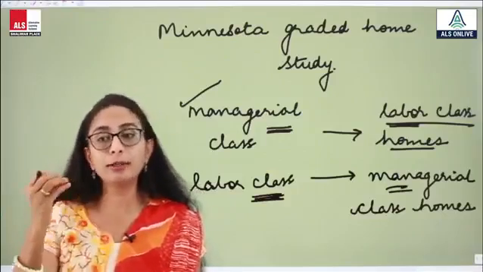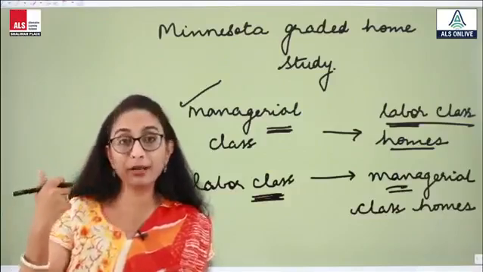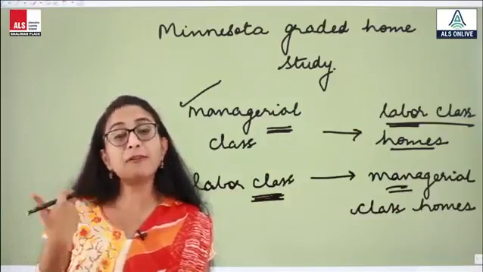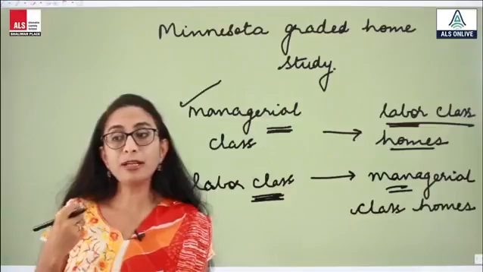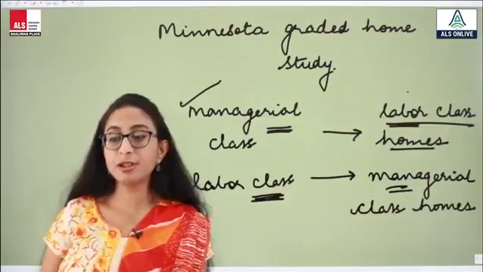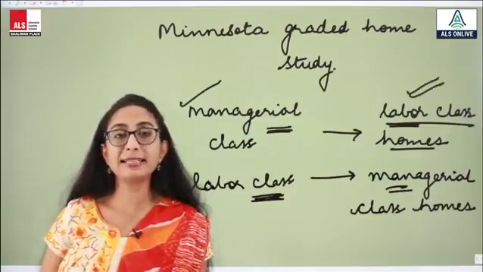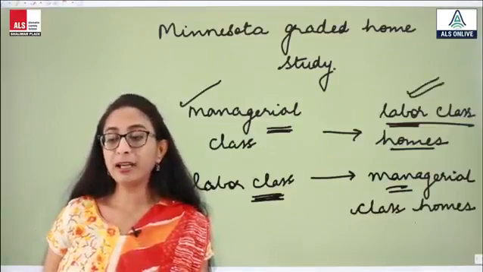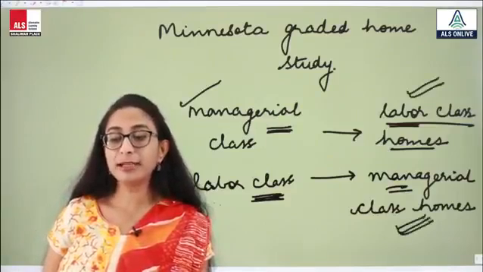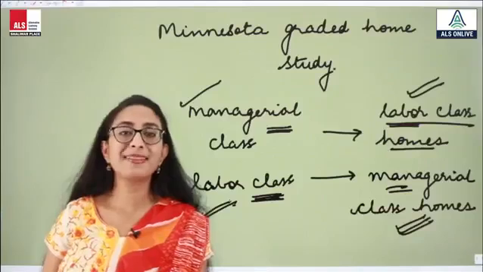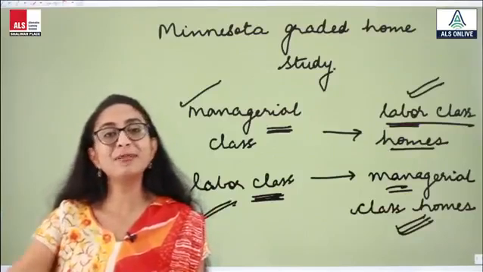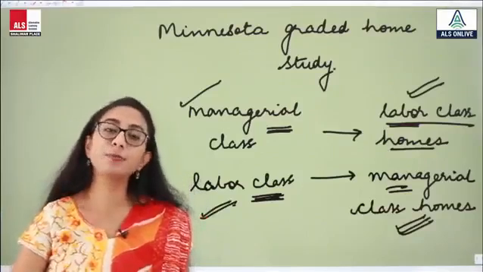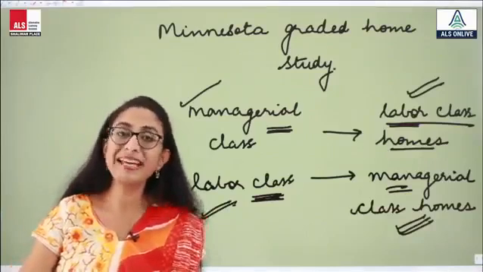So even though the managerial class children were placed in labor class homes for some time and afterwards they were tested, we found that these children, that is the children originally belonging to the managerial class, had a higher IQ in comparison to the labor class children. So what we understand from this is that genetics also plays a major role in the formation of intelligence.